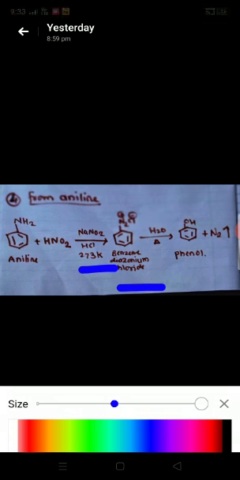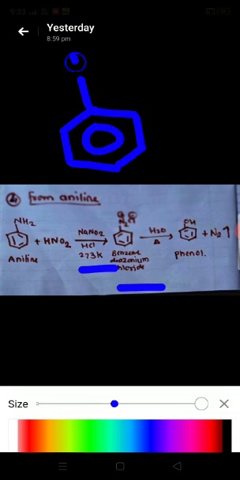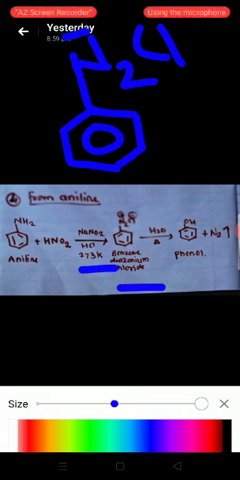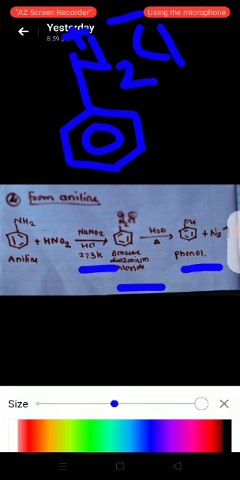See here, this is a benzene ring. This 'di' means two nitrogens, and this chlorine, hence benzene diazonium chloride is obtained. After heating in the presence of water, it forms the phenol molecule, and dinitrogen N2 is removed.